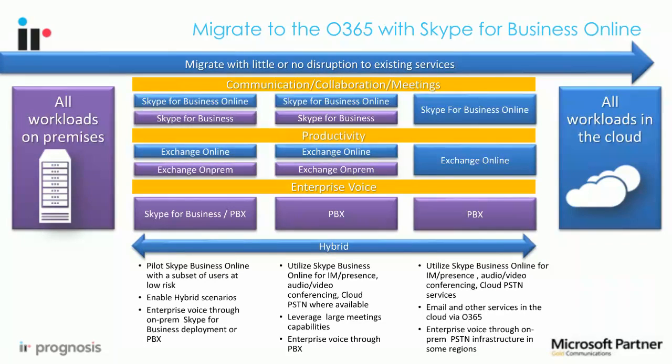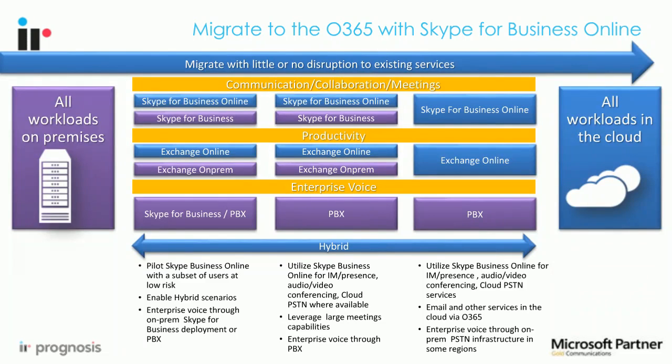There are a couple of reasons why someone would still want to use an on-premises PSTN connectivity within US or UK. They may have a contract with their current service provider, and that contract may just be for a few more months or years, and they want to continue using them as a service provider versus transferring that service to Microsoft.